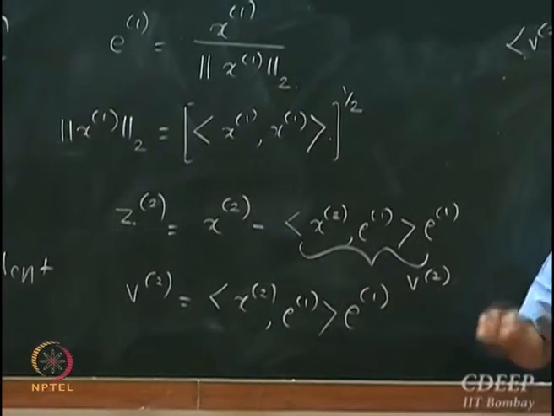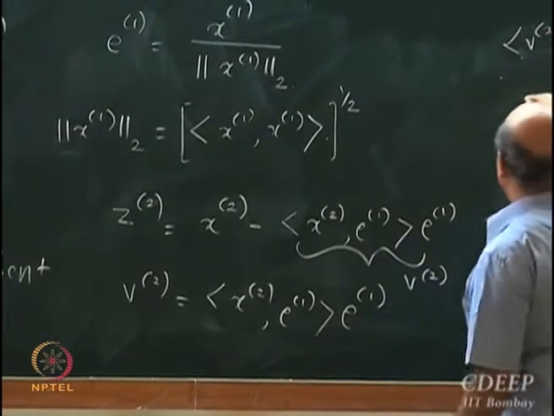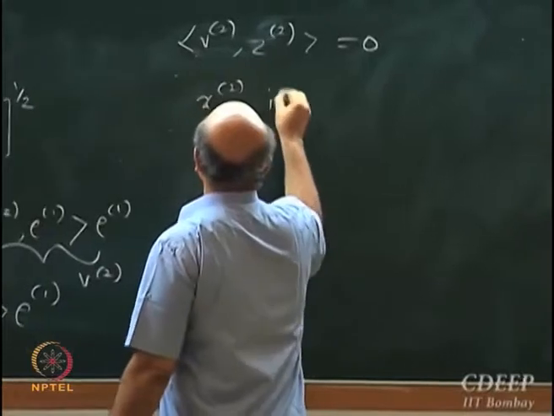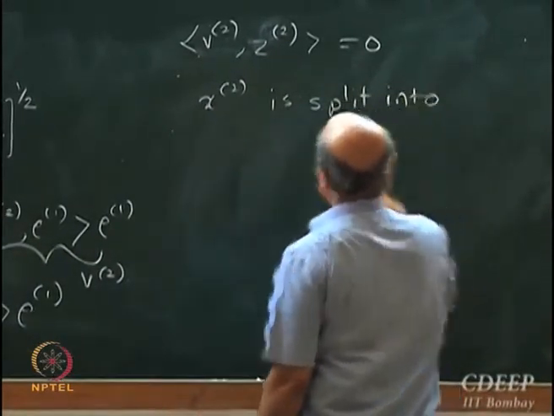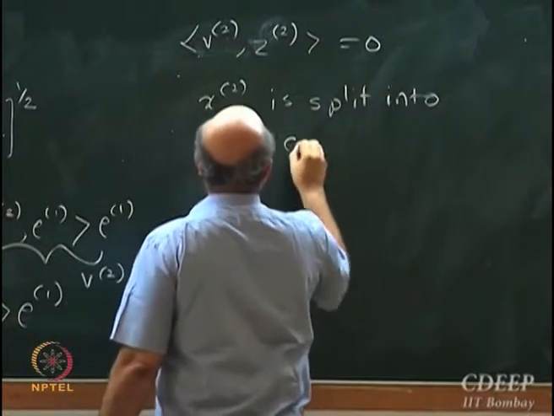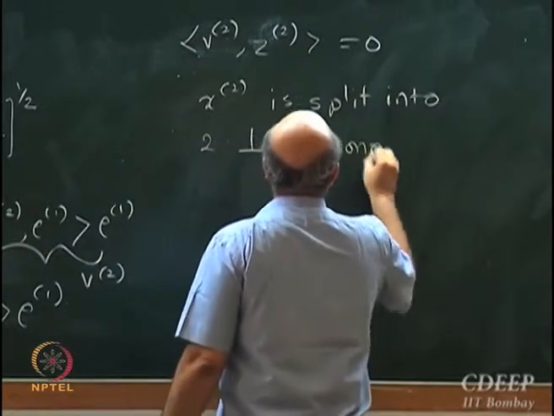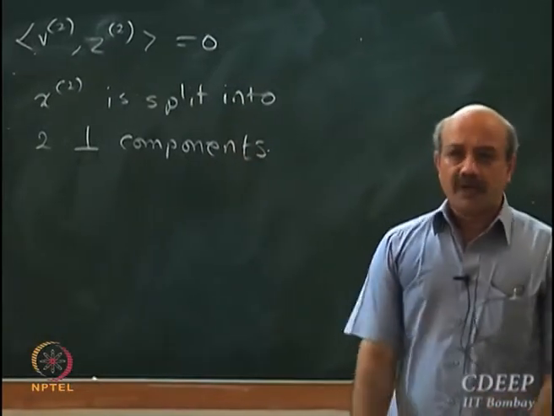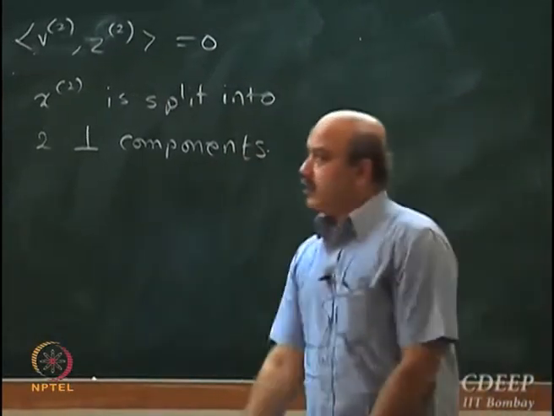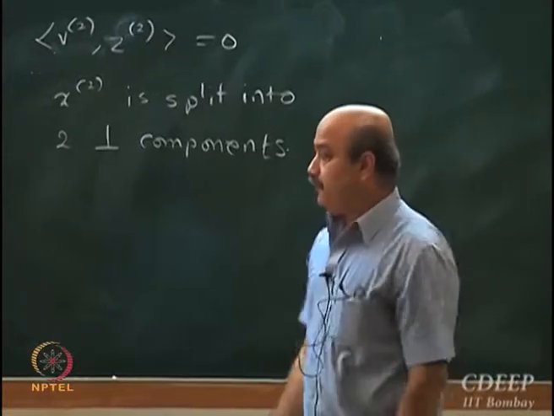I am splitting vector x2. Okay. So now what do I do next? Well, I got two directions which are orthogonal.